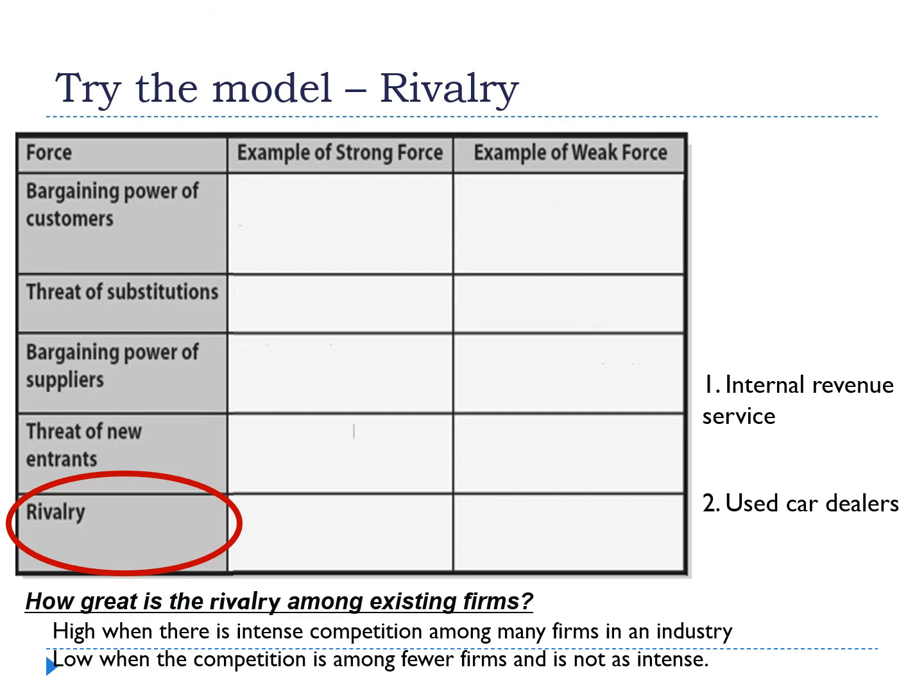Well, we all know the IRS does not have competitors, so the threat of rivalry will be low. Second, used car dealers. Since there is intense competition in the second-hand car market, the threat of rivalry for used car dealers will be high.